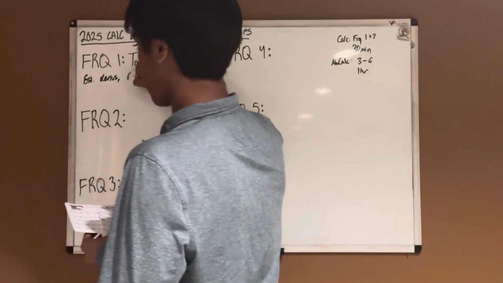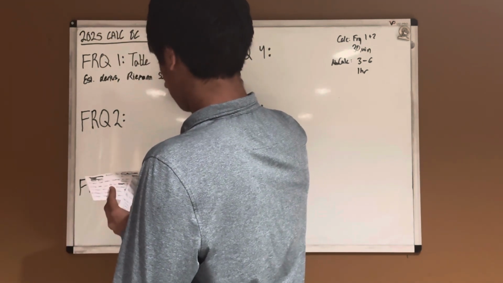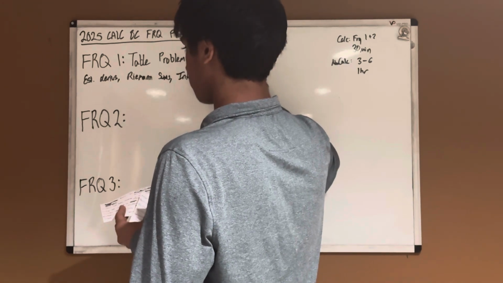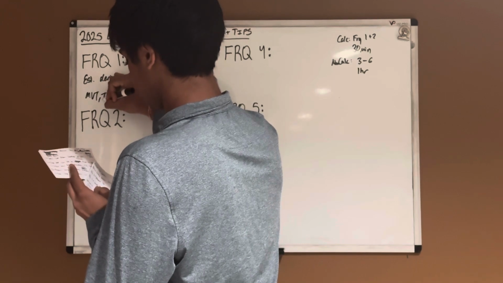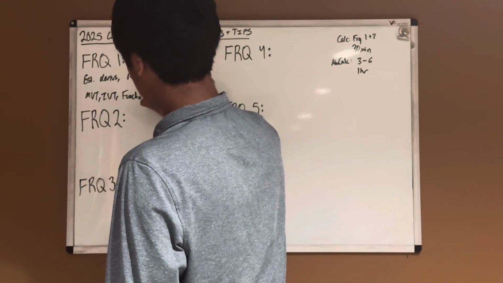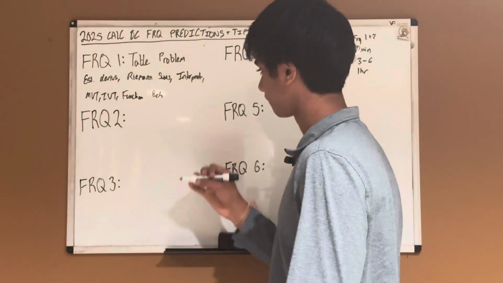You should know how to do Riemann sums. Then you should know how to interpret word problems and all that. Then MVT, IVT, and function behavior. Just anything that might go along with a table of values.